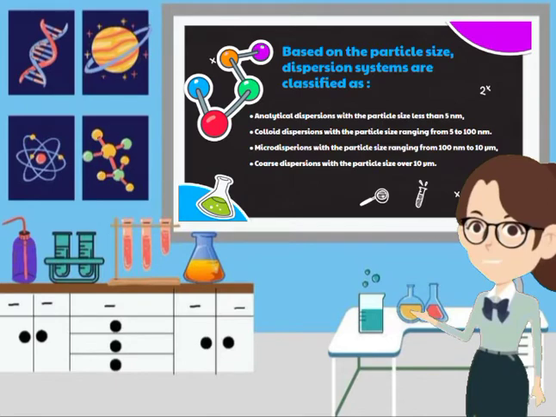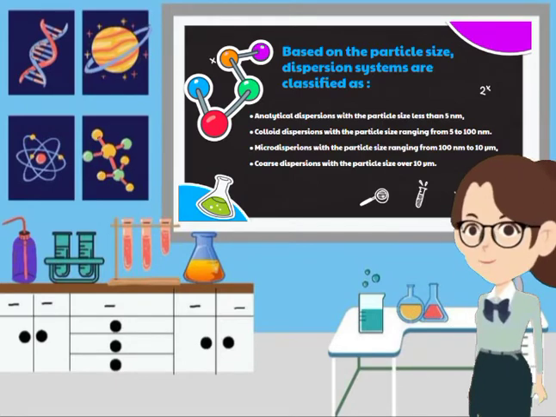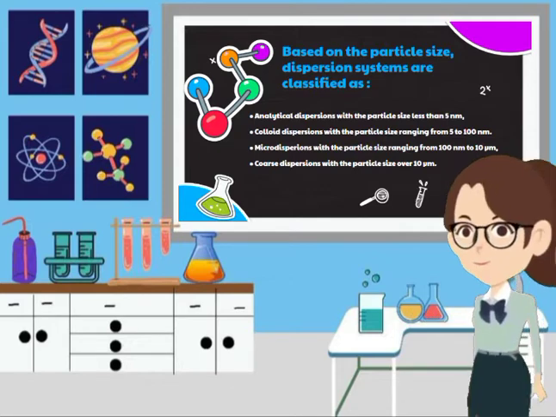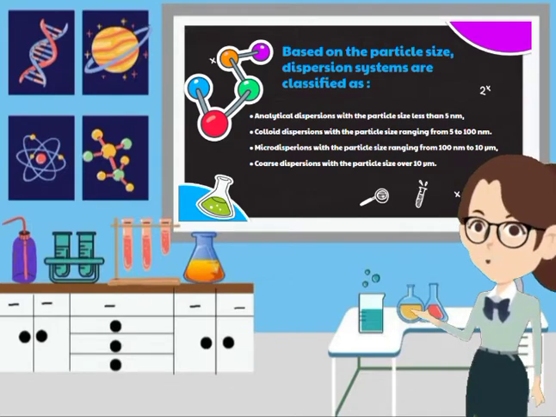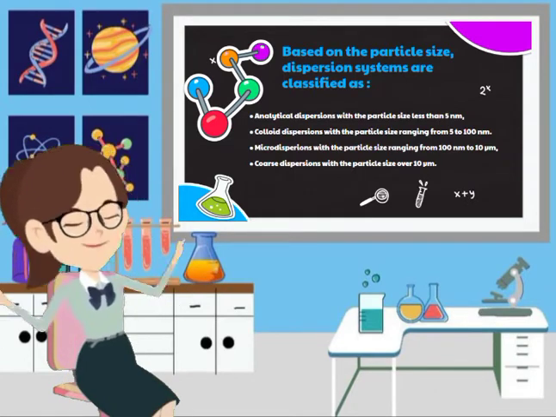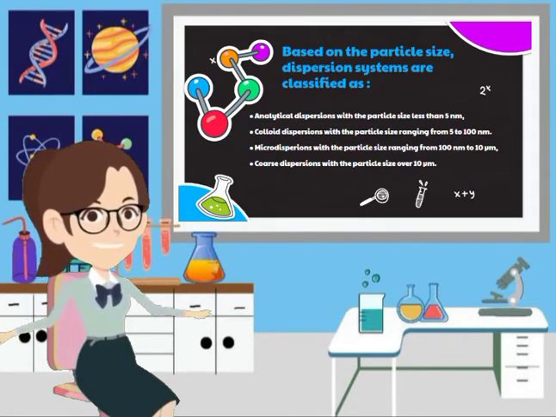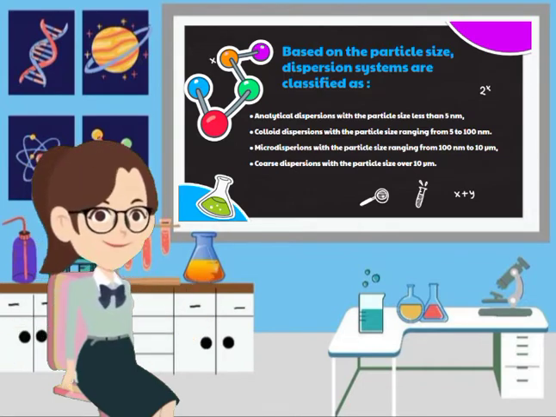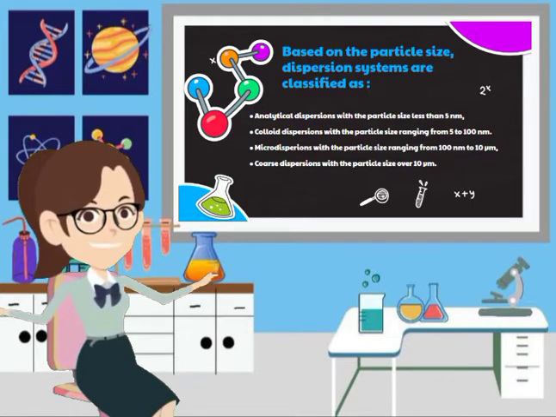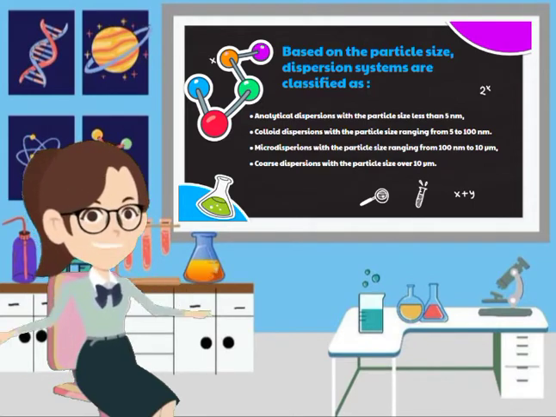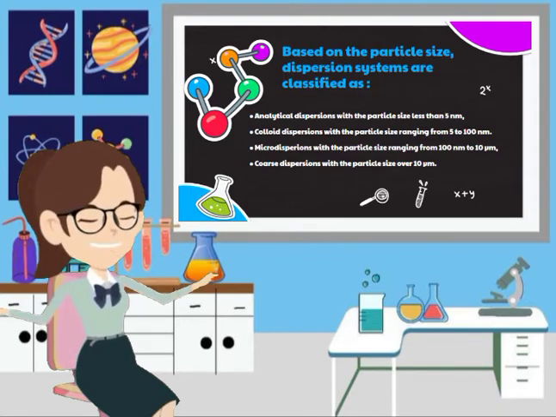Based on the particle size, dispersion systems are classified as analytical dispersions with the particle size less than 5 nm, colloid dispersions with the particle size ranging from 5 to 100 nm, microdispersions with the particle size ranging from 100 nm to 10 micrometers, and coarse dispersions with the particle size over 10 micrometers.